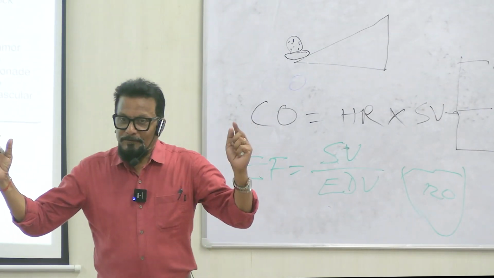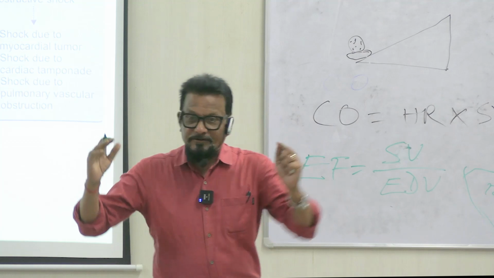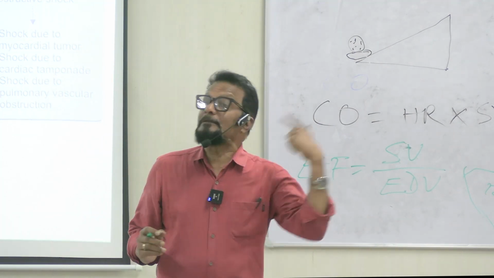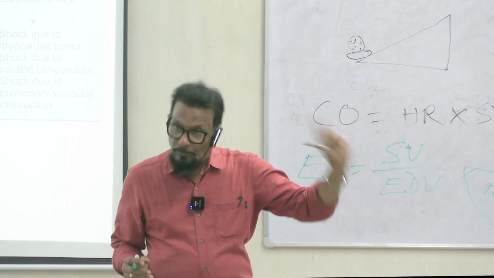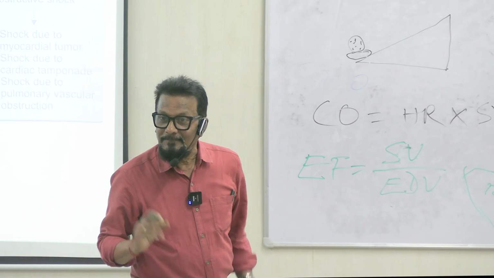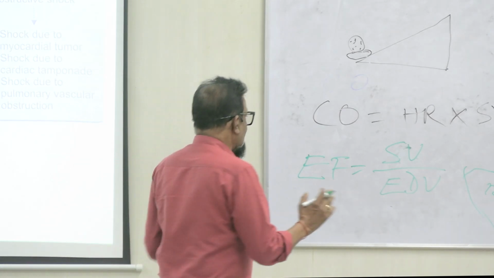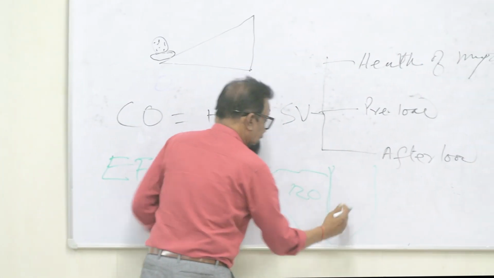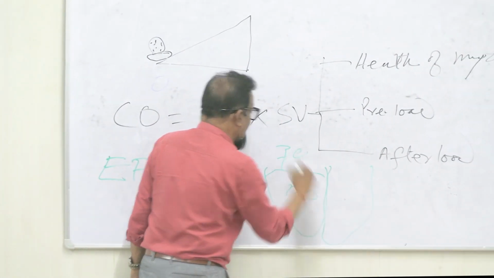Now during systole, it will contract. Will it be able to eject all the blood? Okay, how much has it ejected? We know stroke volume is 70. Suppose this ventricle has ejected 70 ml.